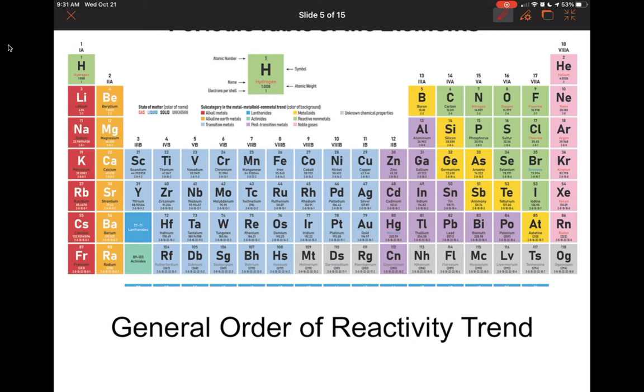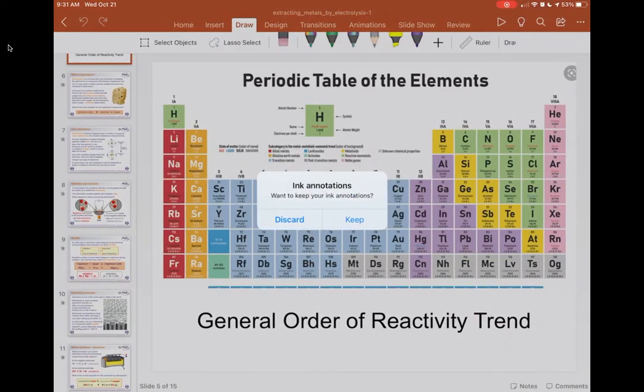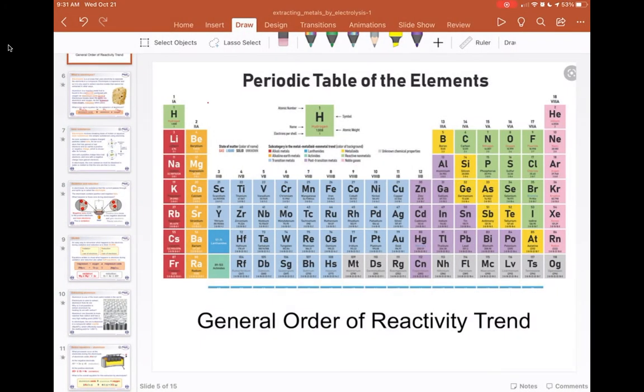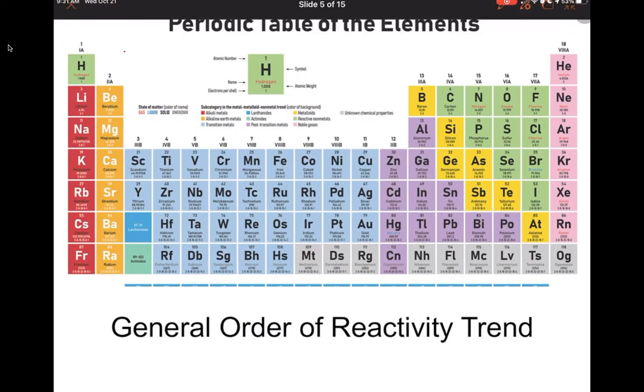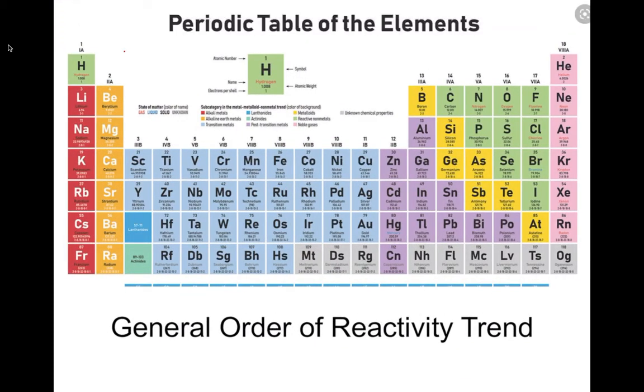Some molecules, when they are by themselves, are paired up. So if we have, for instance, nitrogen all by itself, it can't just be nitrogen with an N. It's actually going to be N2.